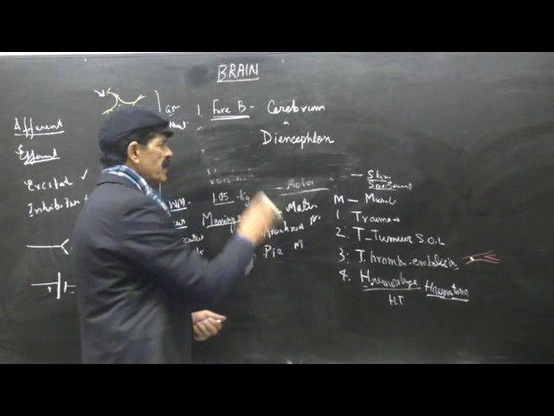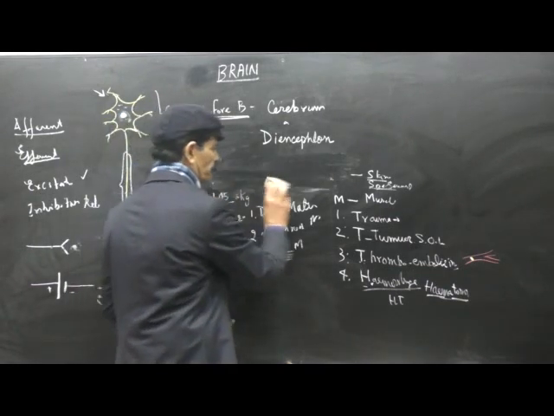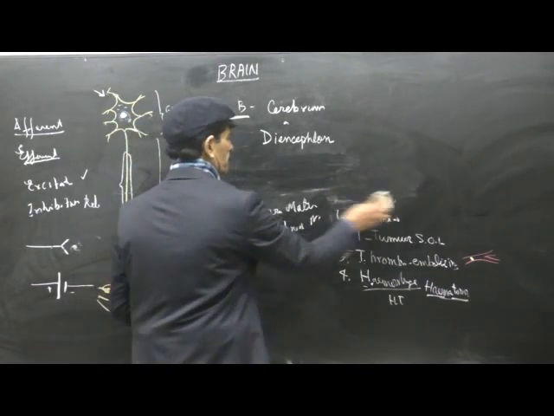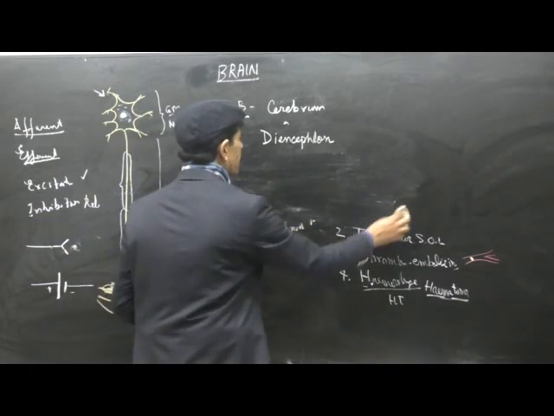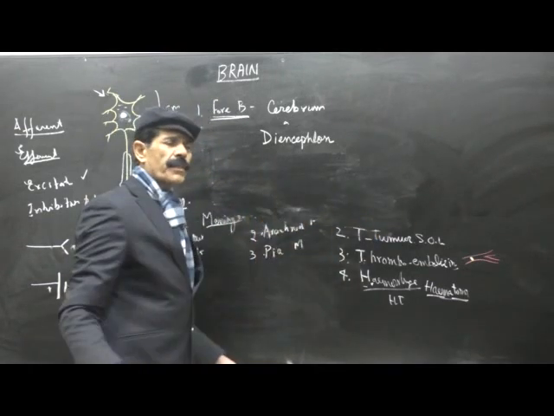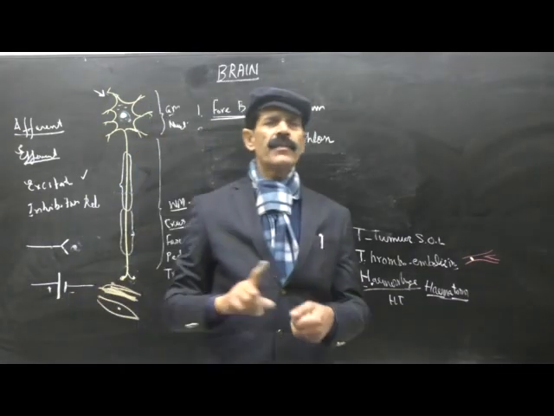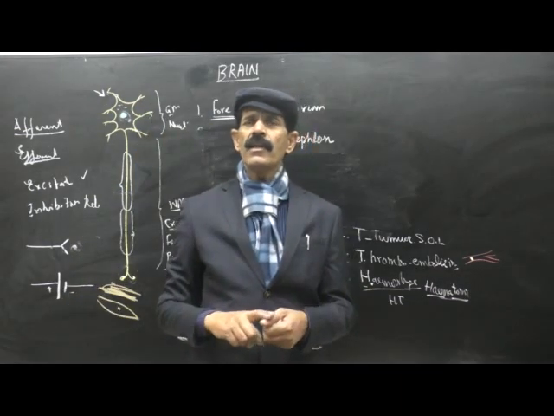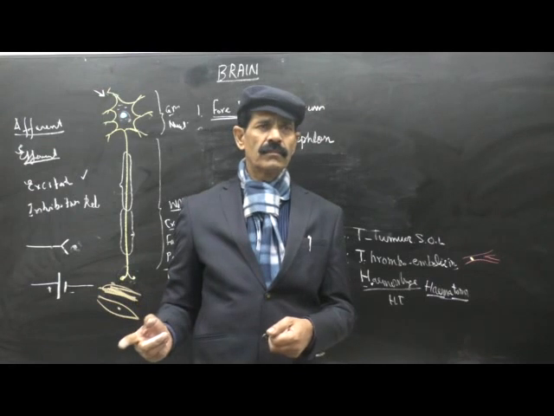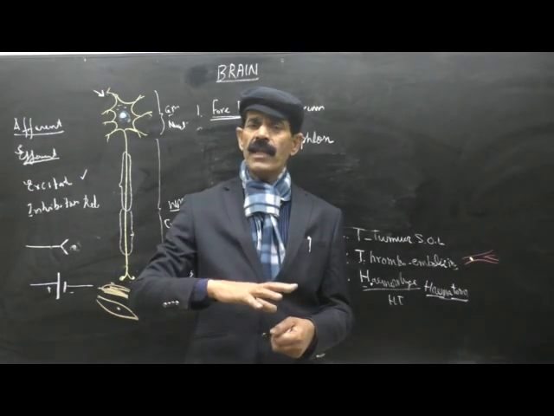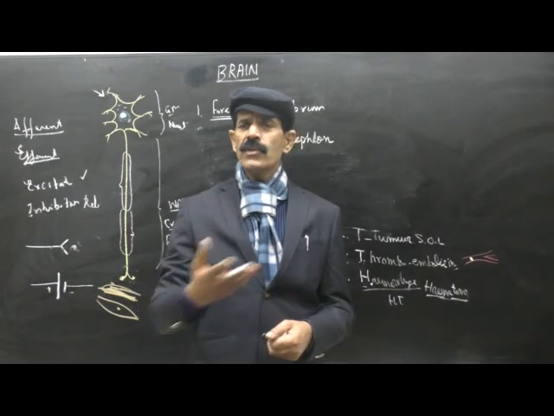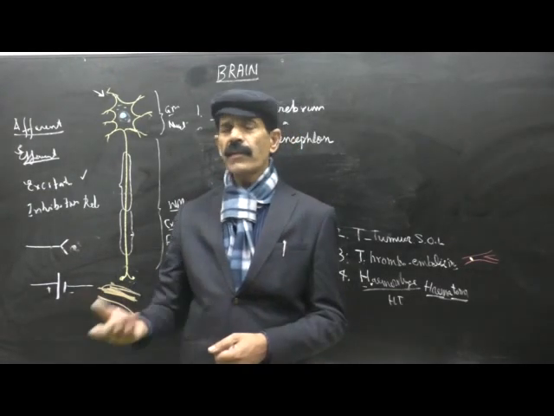Now the cerebrum is the largest part of the brain. If we see the surface area and volume, we will see that the cerebrum is the largest part of the brain, and as every part of the brain is hollow from inside, it is also hollow and filled with CSF. Every part of the brain is made up of grey and white matter, so it is also made up of grey and white matter.